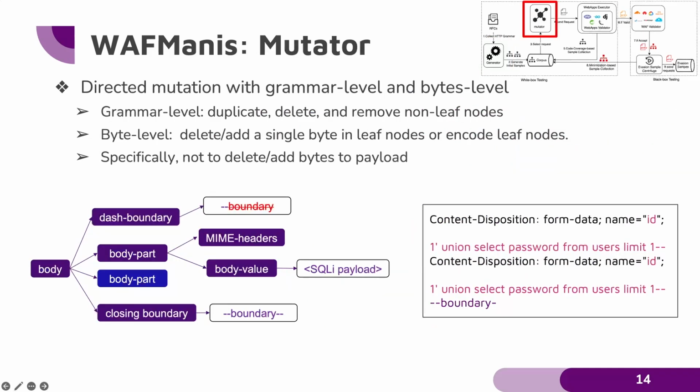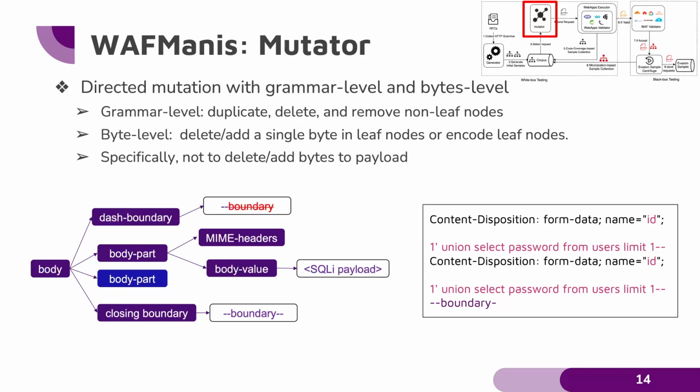To be clear, we store our input as an AST rather than raw messages in the testing process, so that we can mutate the test inputs at both the grammar level and the byte level. For the grammar level, we can duplicate, delete, and remove non-leaf nodes in the AST. For the byte level, we can delete or add bytes in the leaf nodes and encode the leaf nodes. The figure below shows the mutating process.